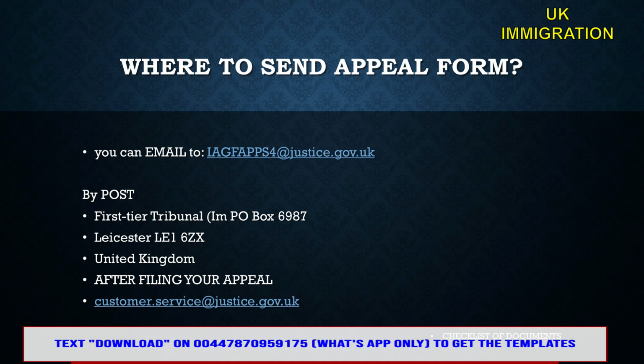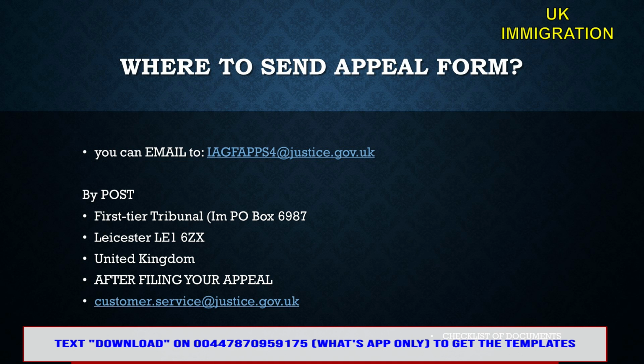If you are going to post your appeal, on the second section of this slide, you will see the postal address: First-tier Tribunal, Leicester, LE1 6ZX, United Kingdom. And if you're going to send your appeal by email, then this is the email address: iagfapps4@justice.gov.uk. So this is the email address.